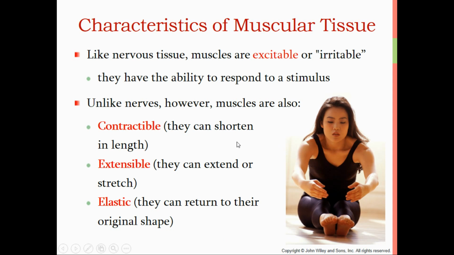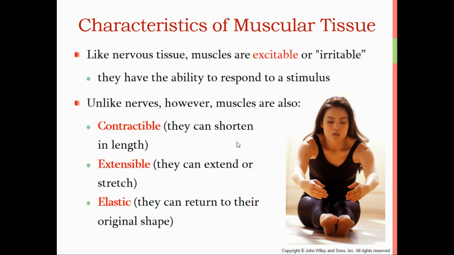The characteristics of muscle tissue. There are four very important characteristics. I call them the 3 E's and a C. So as the notes say, like nervous tissue, muscles are excitable. That's your first E, meaning that they have the ability to respond to electrical stimuli.